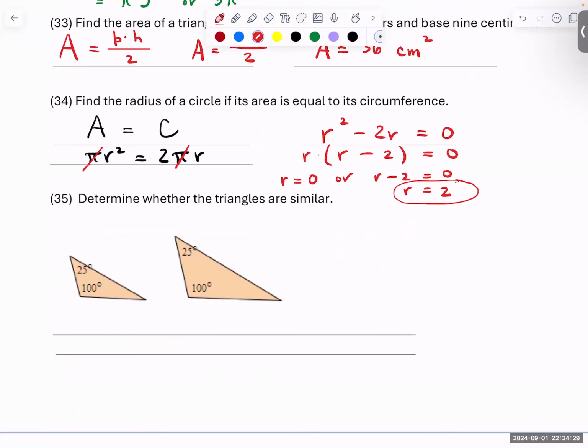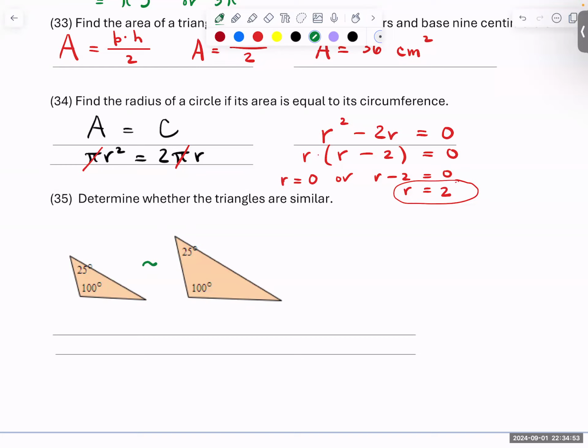Determine whether the two triangles are similar. Similar polygons means similar in shape, and the symbol for similar looks like a tilde. And similar shapes will have corresponding parts that are congruent or equal in measure.